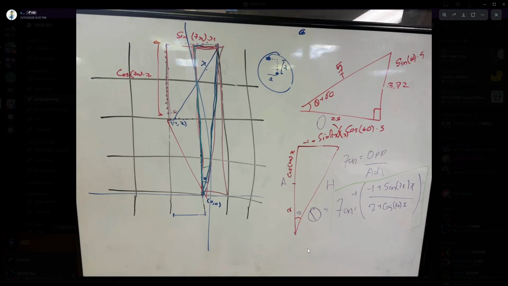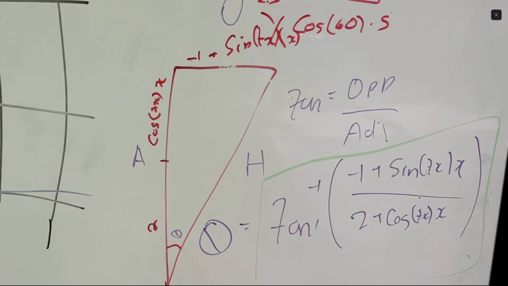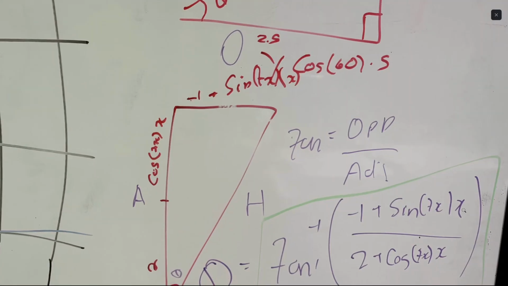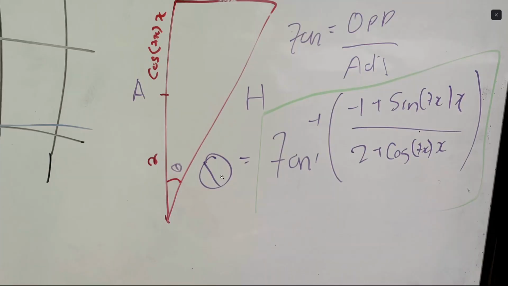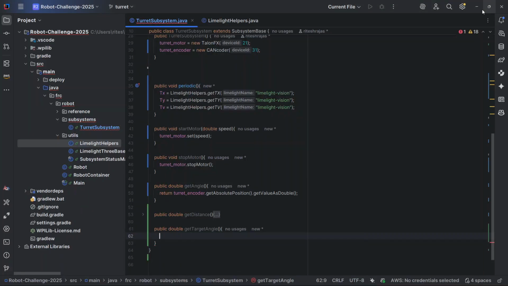so this is our formula, right? Oh, yep, that's good enough. So x is basically your distance. We have the distance. I'm just going to copy over.